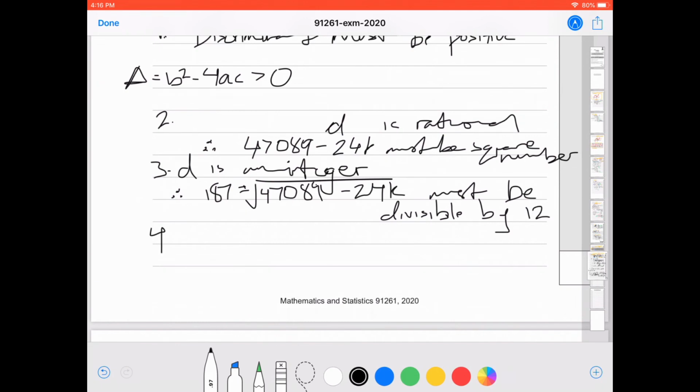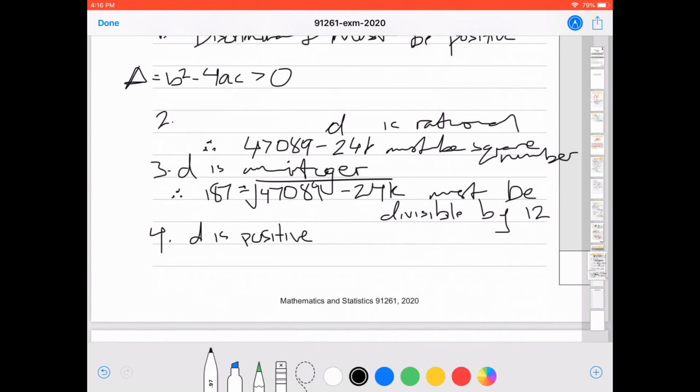Number 4, last one. They say D is positive. So again, we're talking about days here. So D is positive. You can't be dealing with negative days. D is positive.